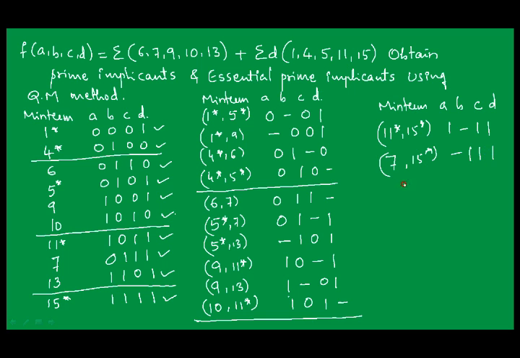Dash 1 1 1. Then 13 15 star: 1 1 dash 1. So this is the first new table, in which I have compared the adjacent group minterms along with don't care terms.